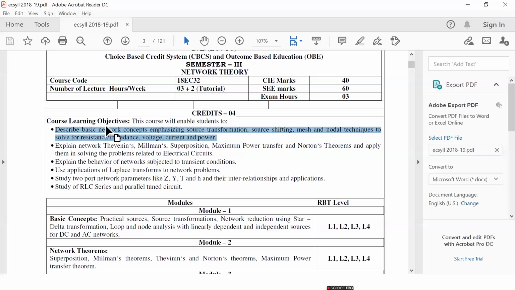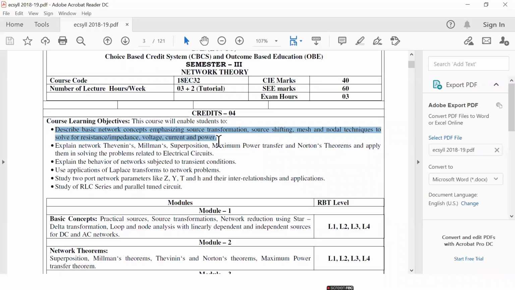So that covers definitions of basic terms like what you mean by circuit, network, current, voltage, and passive elements like resistor, inductor, capacitors. Then what you mean by series and parallel connections of resistors.